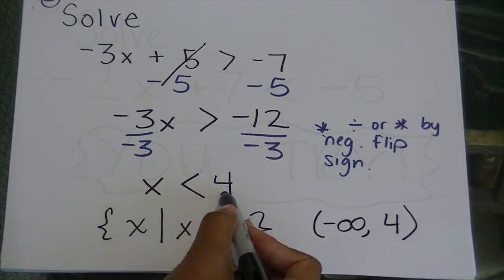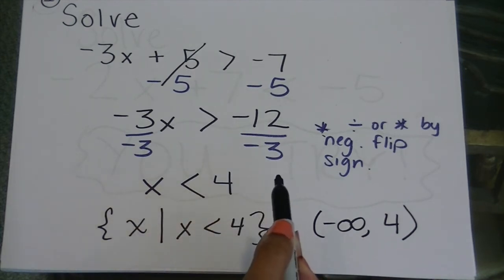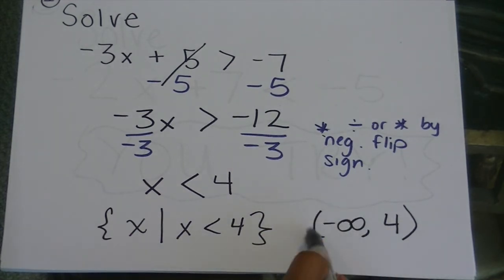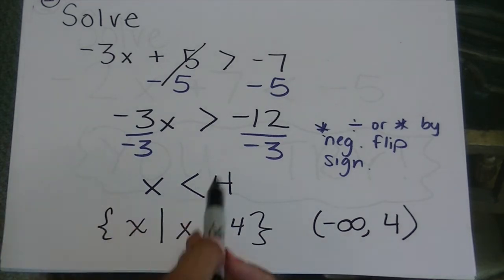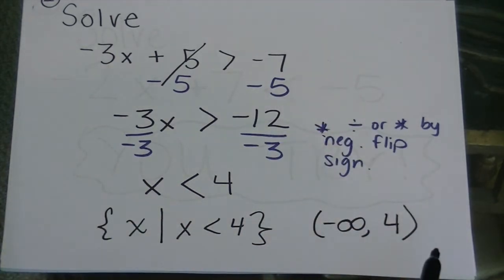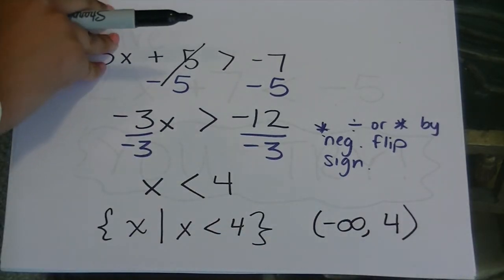That means that 4 is not included. So whenever it's not included, remember we use parentheses. And also whenever you have an infinity, positive or negative, you're always going to put a parenthesis around that end. So this is interval notation, and the other is the normal notation, and by normal, I mean the set builder notation.